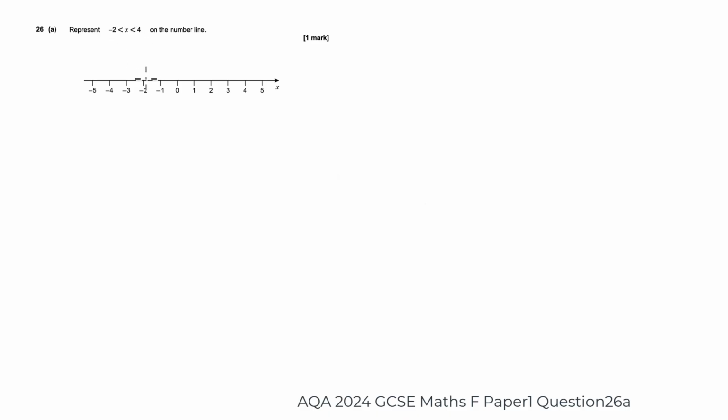So to show that we don't want -2, empty circle. To show that we don't want 4, empty circle. If we did want 4, we would fill that circle in. And between these two, let's bring in the ruler to make the thing neat.